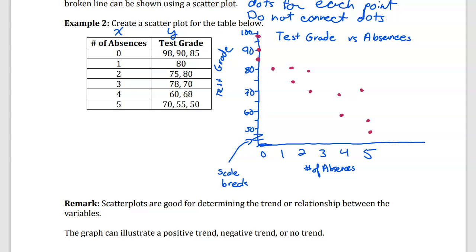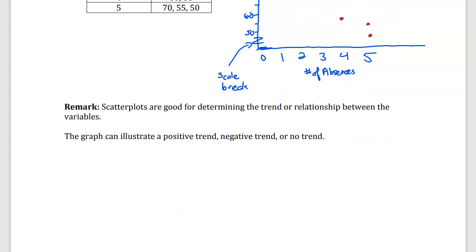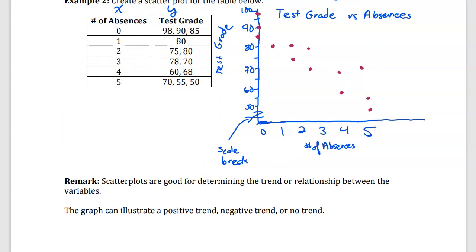Okay? Now, we can determine if there's a trend or relationship, or attempt to determine if there's a trend or relationship with the scatter plots. If you'll notice, overall, not necessarily, but the more absences somebody has, if I drew a line, the more absences someone has, the lower their test grade is.